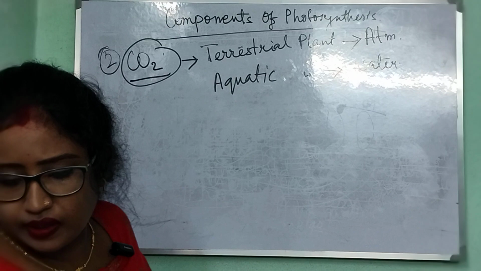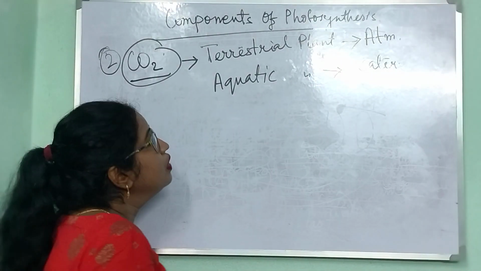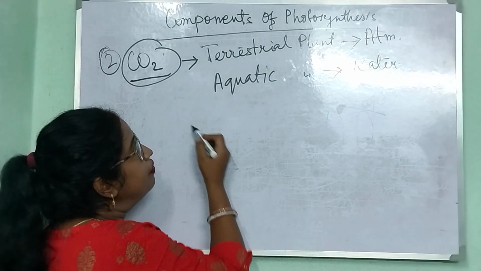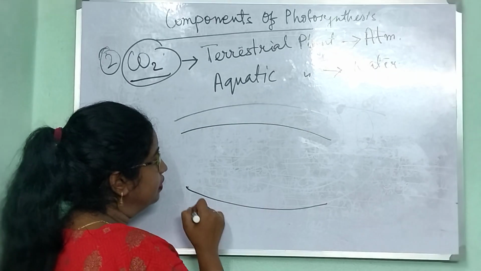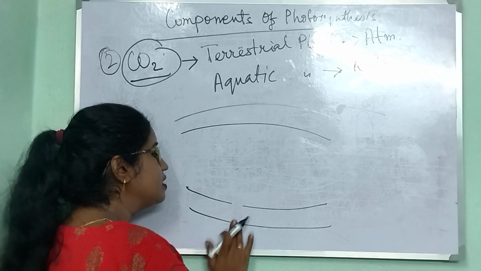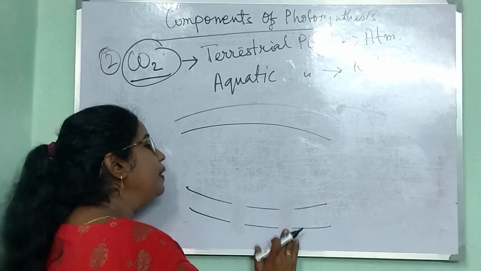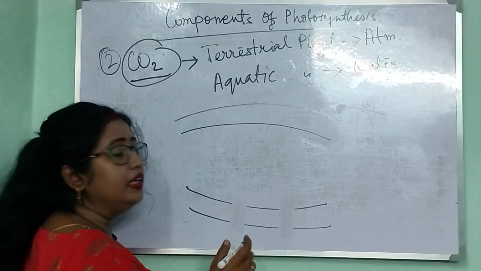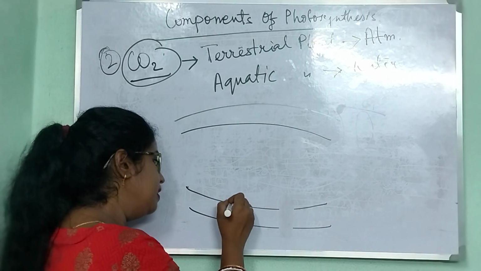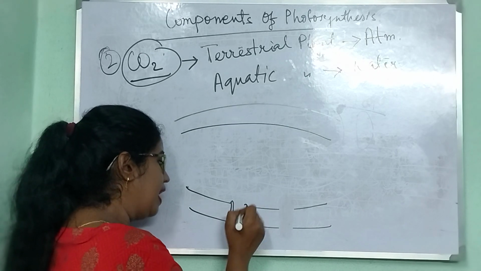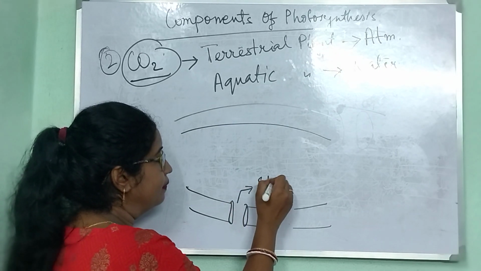If we look at the structure of a plant leaf, we discussed that there are some openings in the leaf, the green part of the plant, and these openings are known as stomata.